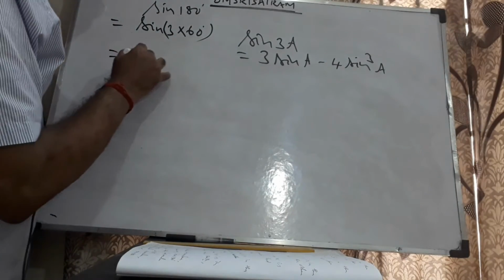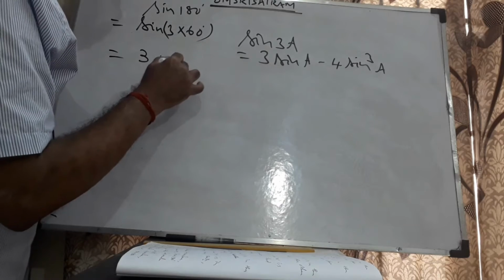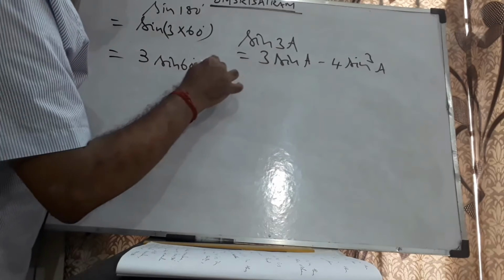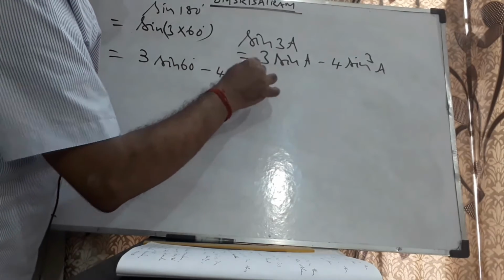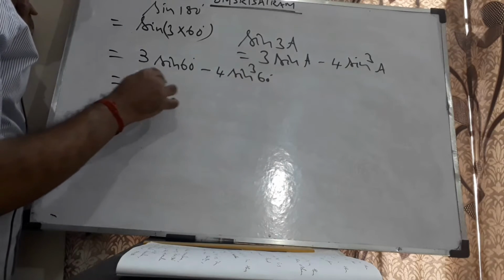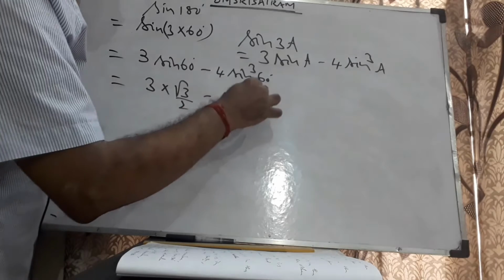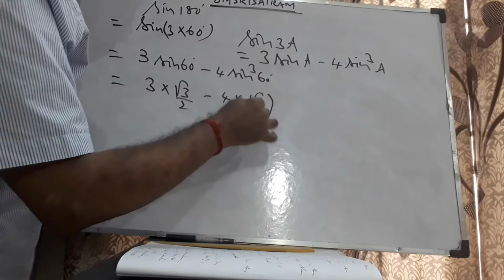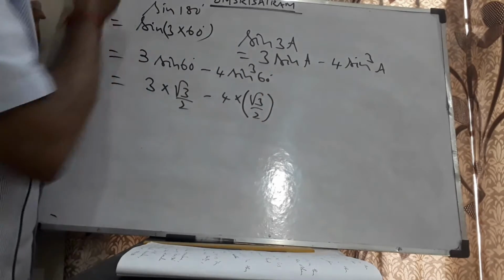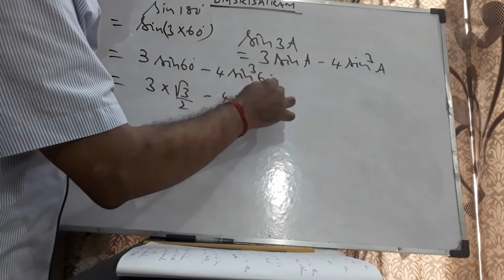Now using this, we get 3 sine 60 degrees minus 4 sine cube 60 degrees. Therefore this is reduced to 3 into root 3 by 2 minus 4 into root 3 by 2, the whole square.